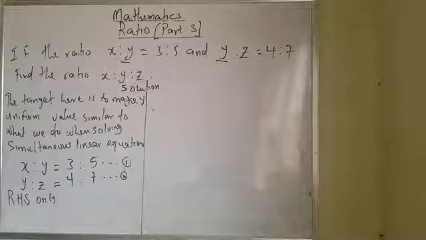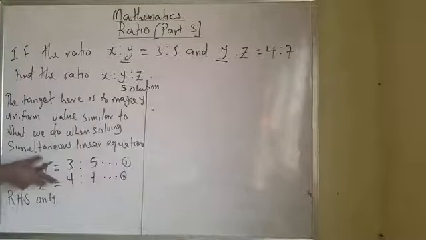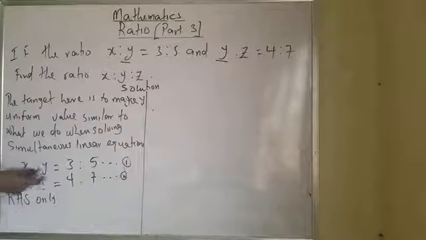It is not like normal simultaneous equations, because it's only the values you want to manipulate. You are not manipulating the variables. There are 3 variables there: x, y, z. Now, RHS means this side only.